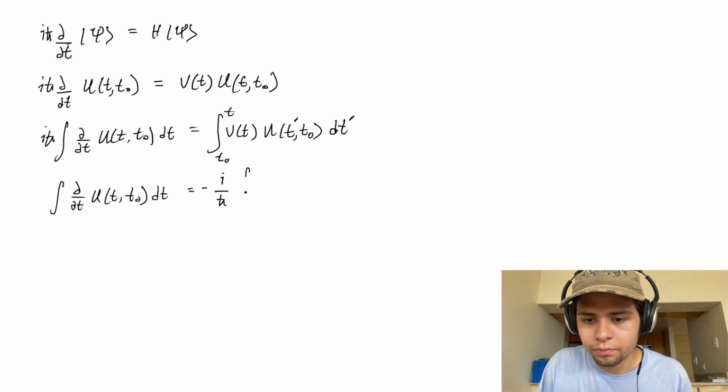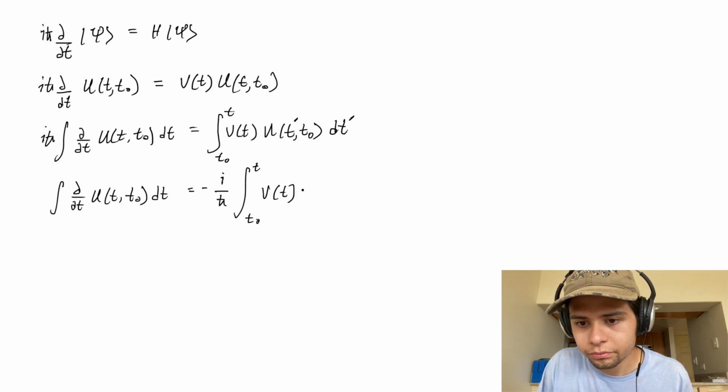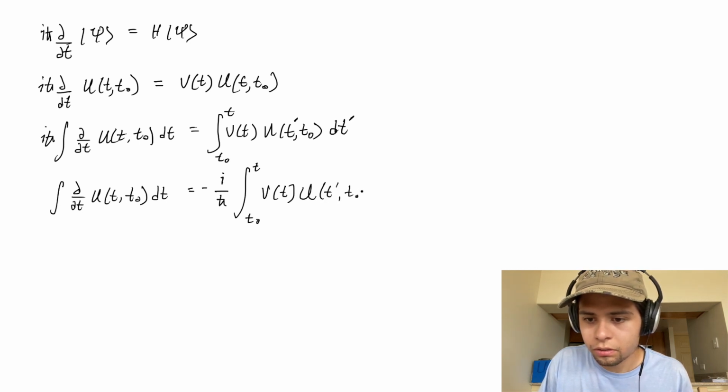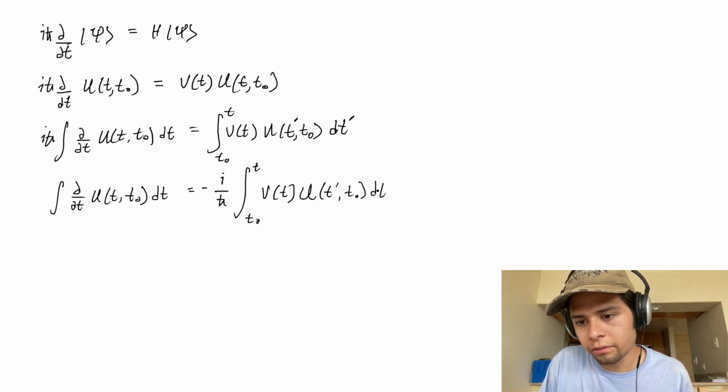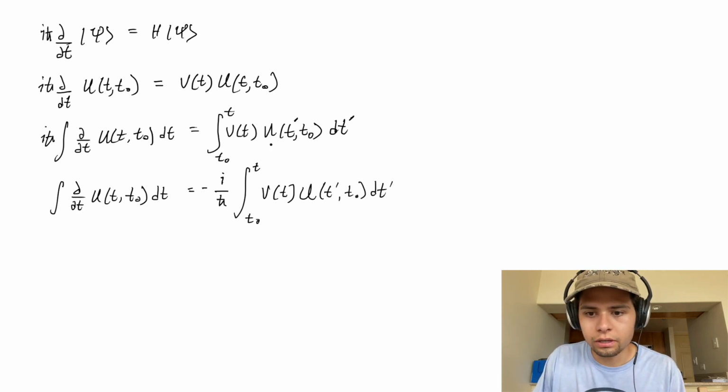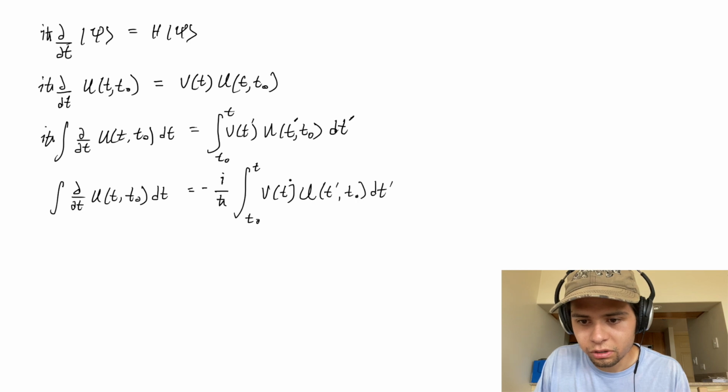And then we have this right here, and then we have this function here. We have u of t prime and t naught, and we're integrating over t prime like that. And then this, I believe, also has to be primed.